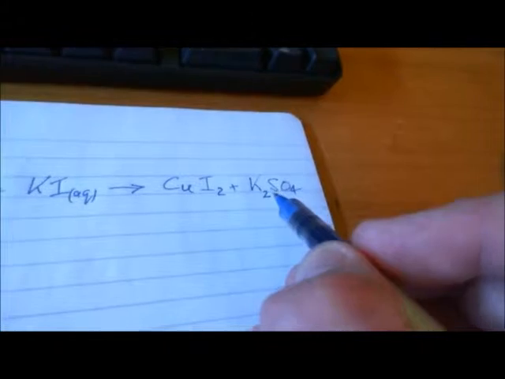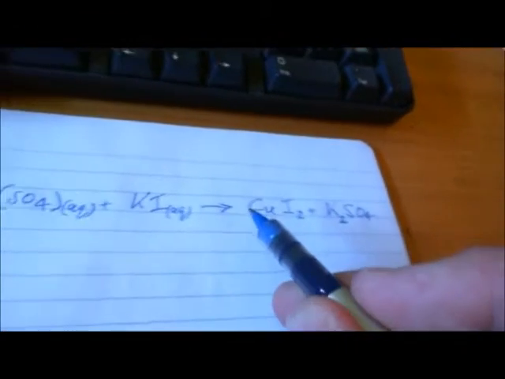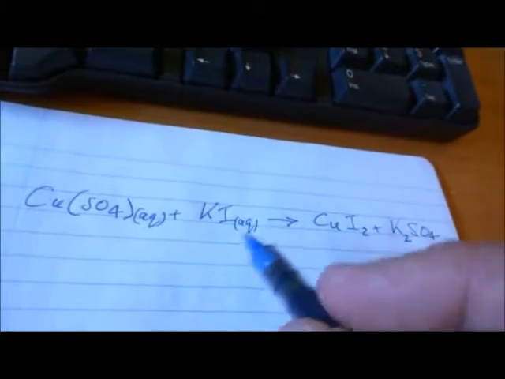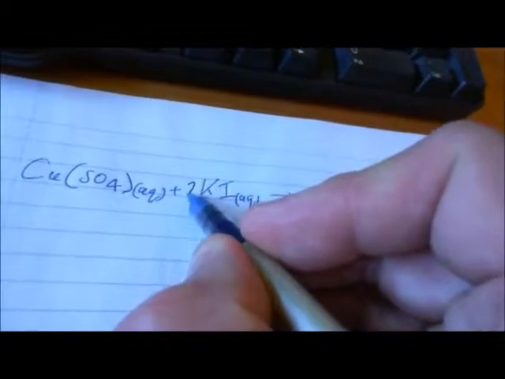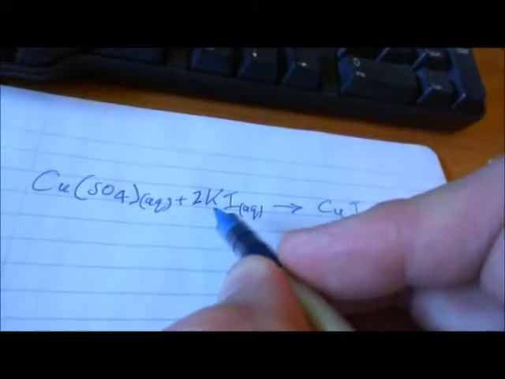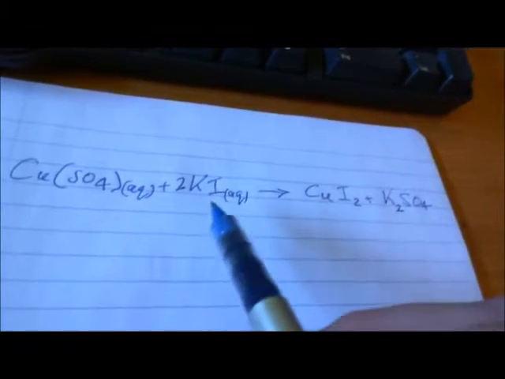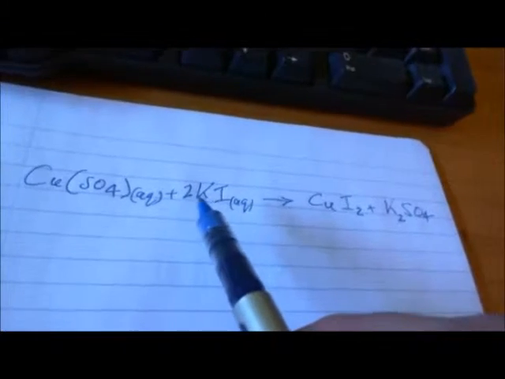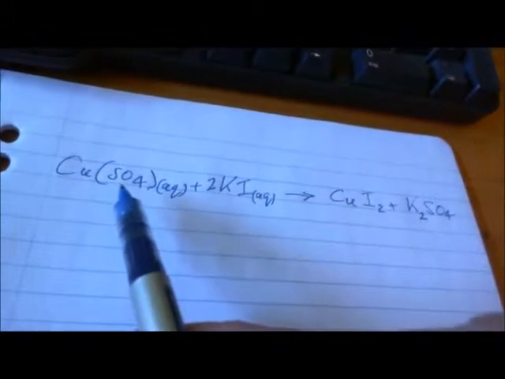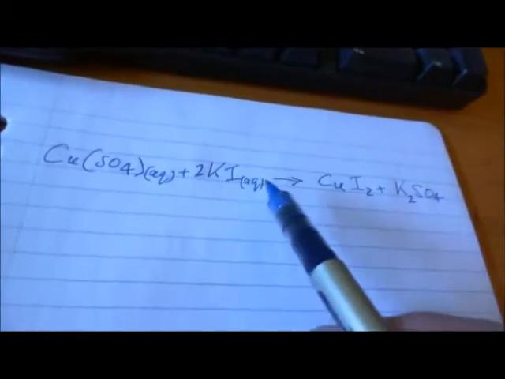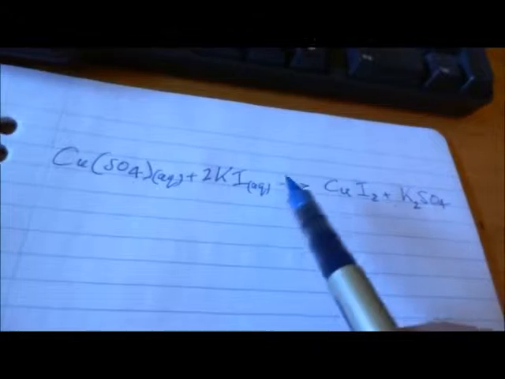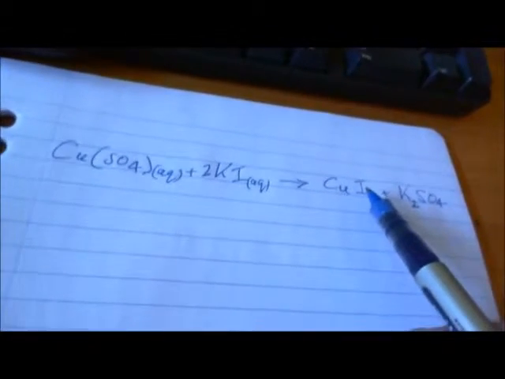Then you say, if I've got 2 potassiums here, I've got to balance it across to the reagent side of the reaction, so I would actually start the experiment with 2 molecules of potassium iodide. If that is the case, then we've now got a balanced reaction: one atom of copper on both sides, 1 sulfate group on both sides, 2 potassiums on both sides, and 2 iodines on both sides.